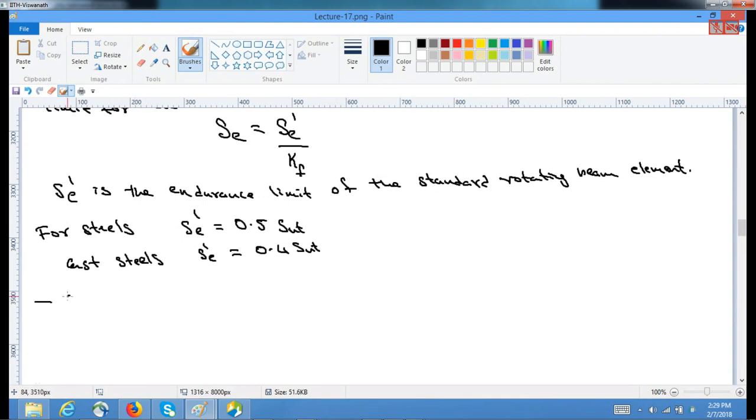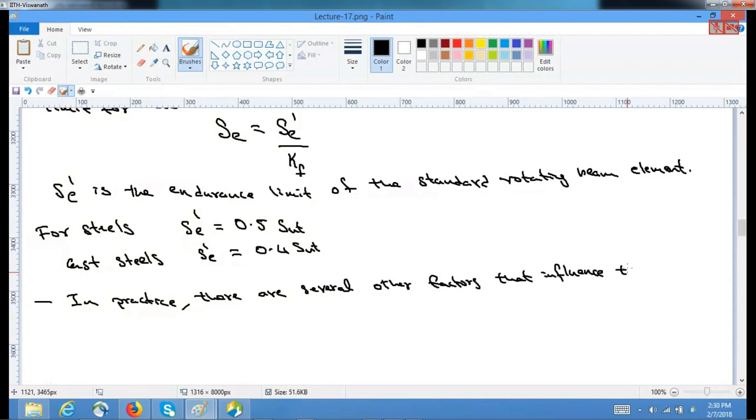Then the next thing is, not only this, there are several other influence factors. In practice, there are several other factors that influence the actual endurance limit.